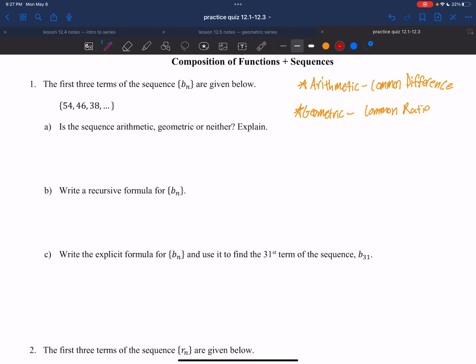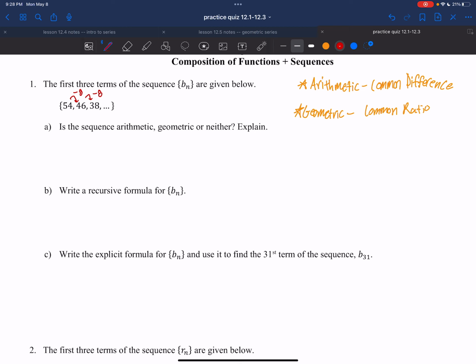Okay, so let's see. From 54 to 46, we'll test out common difference first. That looks like -8. And then from 46 to 38, that also looks like -8. Okay, so that's a common difference, it seems. Based off the given information, looks like that's a pretty safe approach.